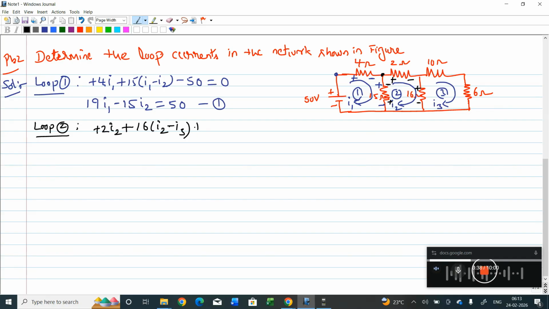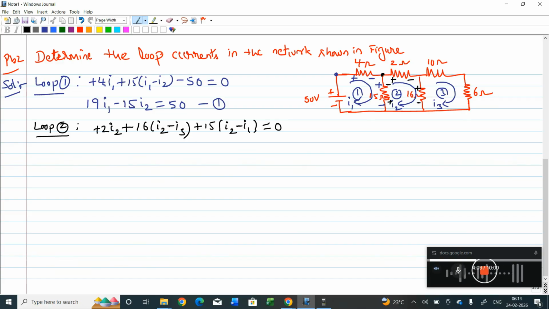Next, the 15 ohm resistance is common to both loop 1 and loop 2. Both I1 current and I2 current flow through the 15 ohms, and we are taking I2 as reference. So I2 will be positive, and the I1 direction is opposite to I2. Therefore, we take I1 as minus: I2 minus I1. There are no other elements, so this summation is equal to 0 as per KVL.